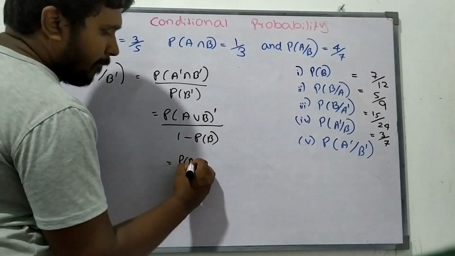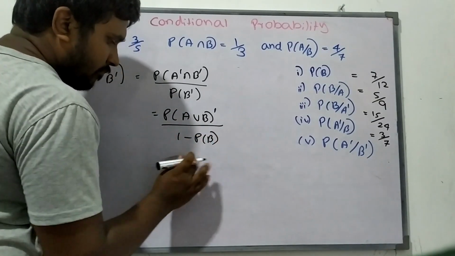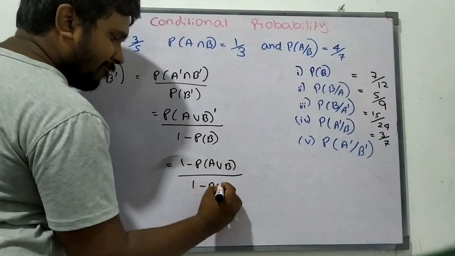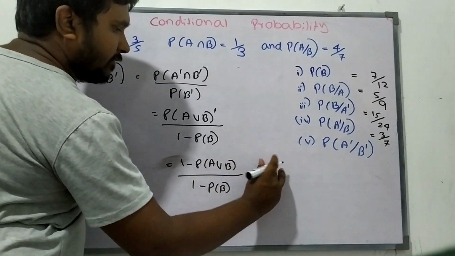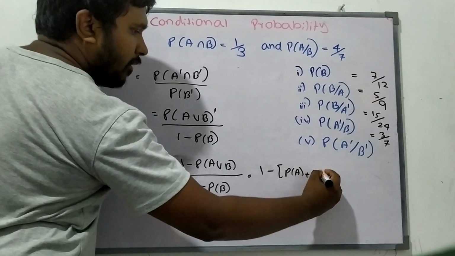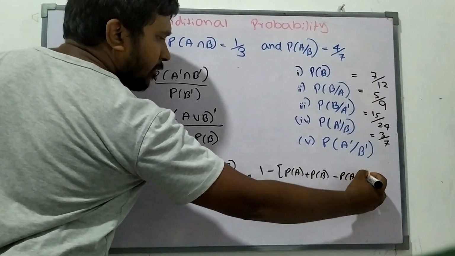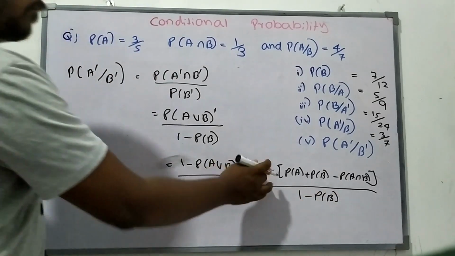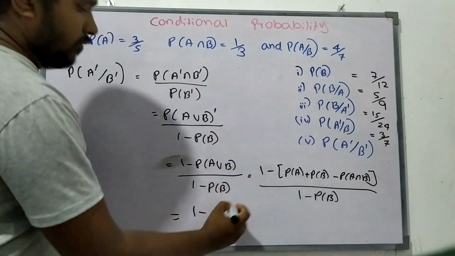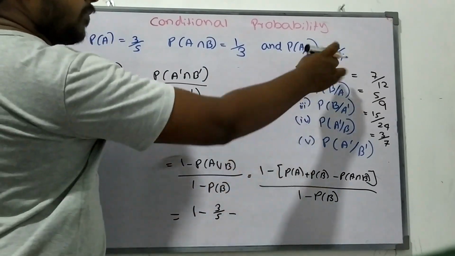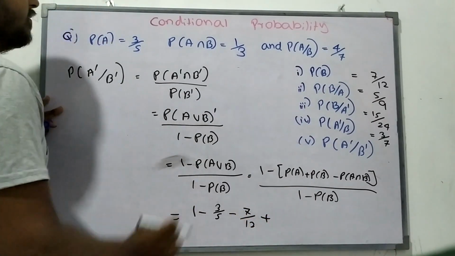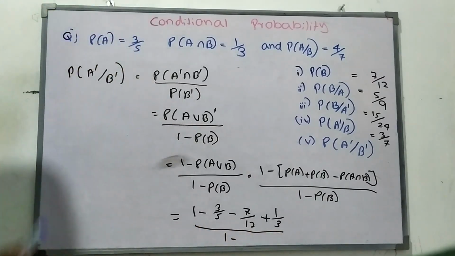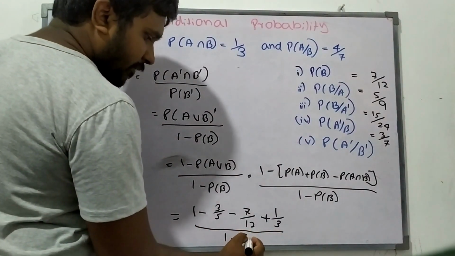This is 1 minus P(A union B), so 1 minus P(A) minus P(B) plus P(A intersection B), over 1 minus P(B). 1 minus P(A) is 3 over 5, P(B) is 7 over 12, plus 1 over 3, divided by 1 minus P(B), which is 7 over 12.